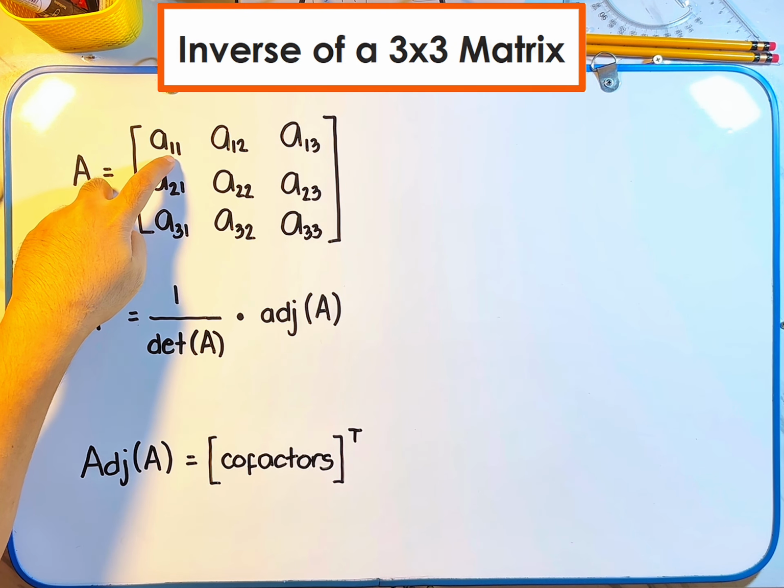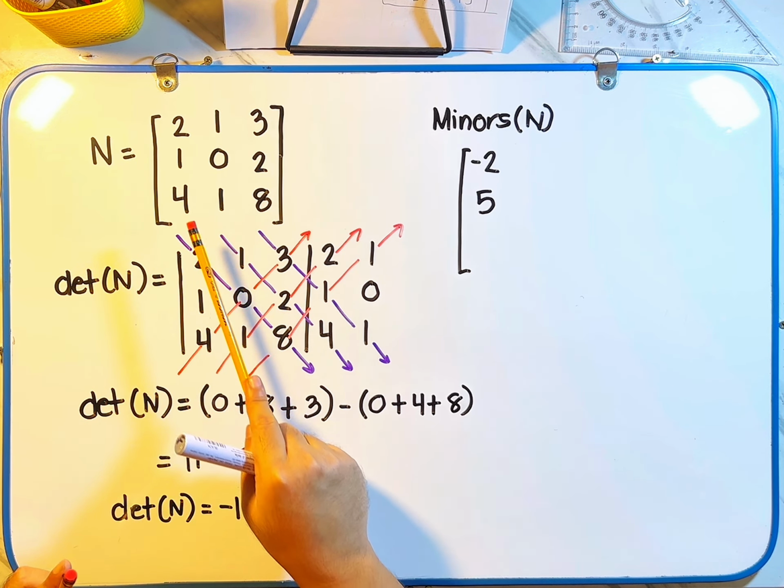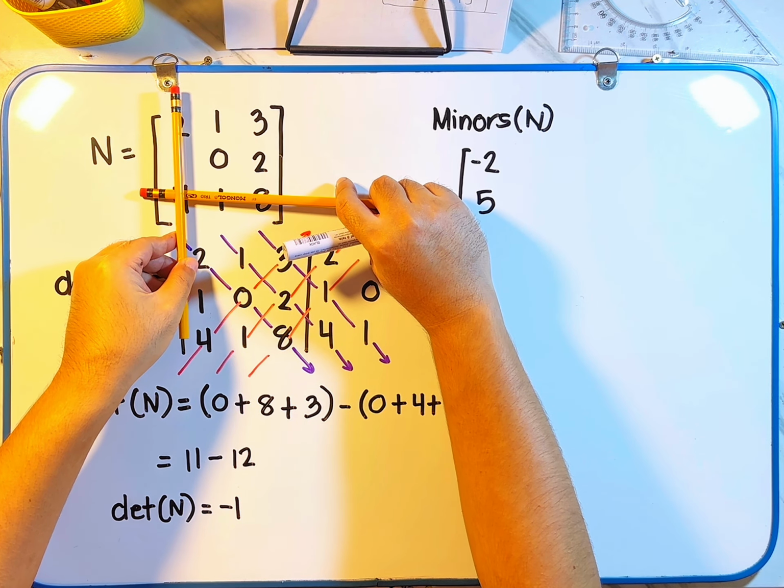Next, the minor of the element in the second row, first column, so like this, we have these 4 remaining elements. 1 times 8 is 8, 1 times 3 is 3, and 8 minus 3 is 5. Okay. Next, the element in the third row, first column, like this. So find the determinant of this 2 by 2 matrix. 1 times 2 is 2, 0 times 3 is 0. So 2 minus 0 is still 2.